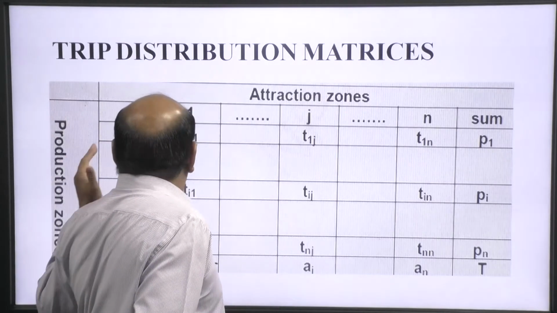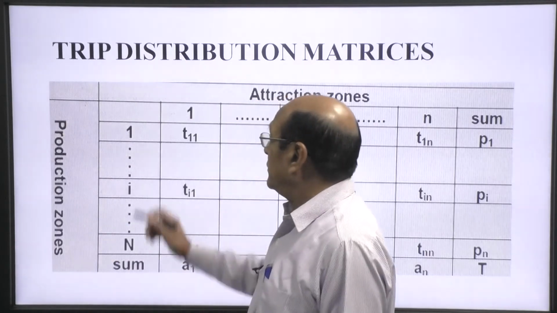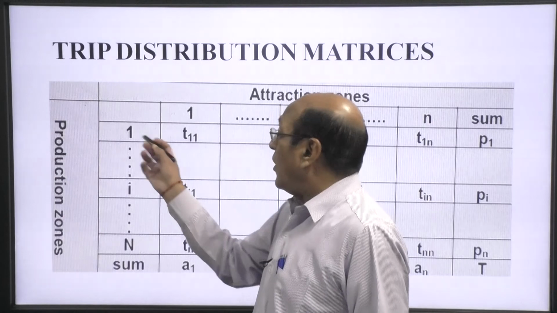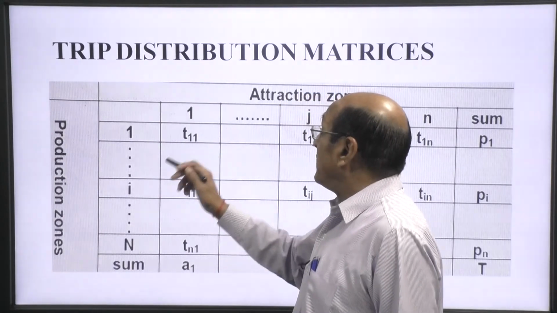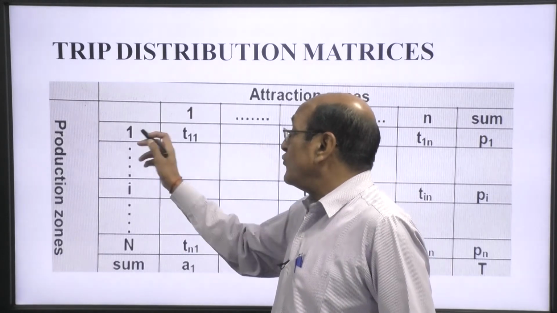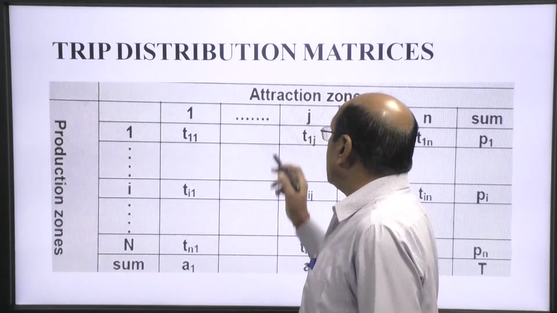On the right side we can see the production zones 1, 2, 3 to N, and this is the summation. As we have discussed earlier, this will be T11, meaning zone 1 to zone 1, production in zone 1 and attraction in zone 1. So, it will be T11 and so on.